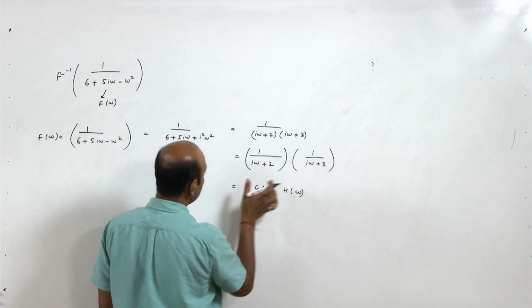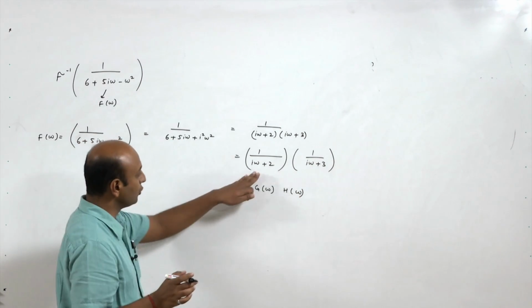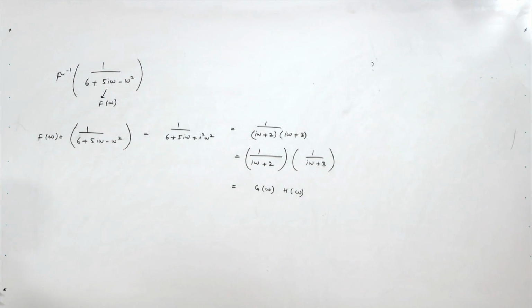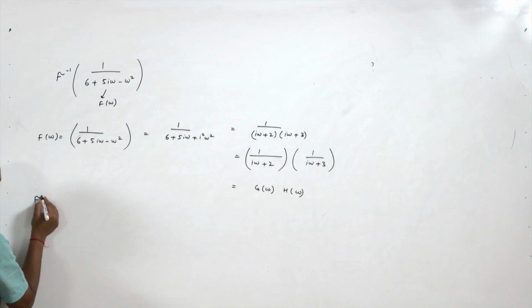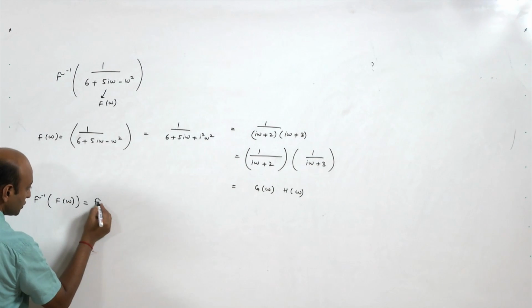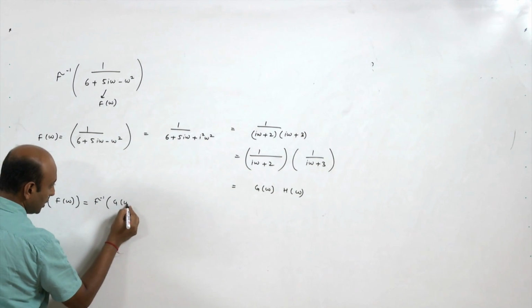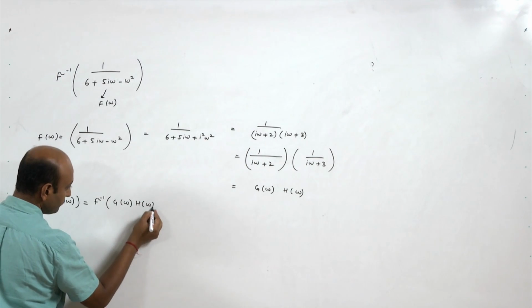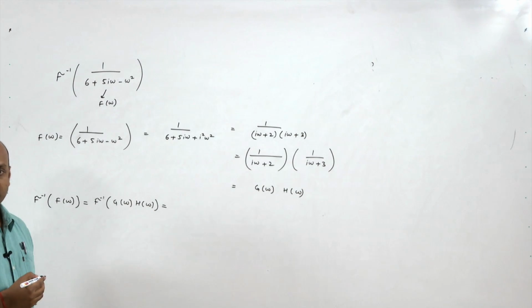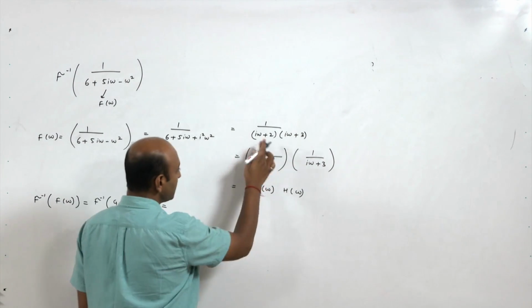So, we have written this F(omega) as a product of two omega functions. Now, to find its inverse using the convolution theorem: the inverse of F(omega), which equals the inverse of G(omega) into H(omega), will be the convolution of these two.